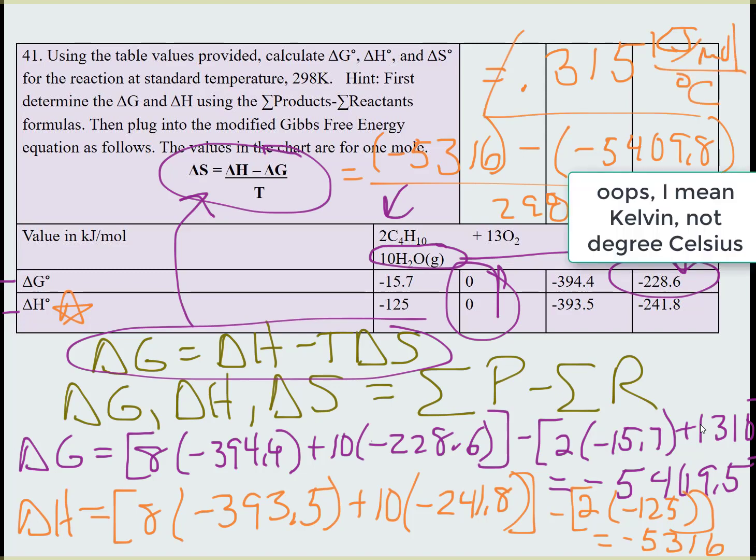Now notice it's really tiny, and that is because delta S is usually very small, especially compared to your delta H and your delta G. That's why your delta S is usually expressed in joules, not kilojoules. You can rearrange the units so they're not so difficult, but that would be one way to represent the units. So again, very small number. If you were to convert this to joules, it would be 315 joules per mole.